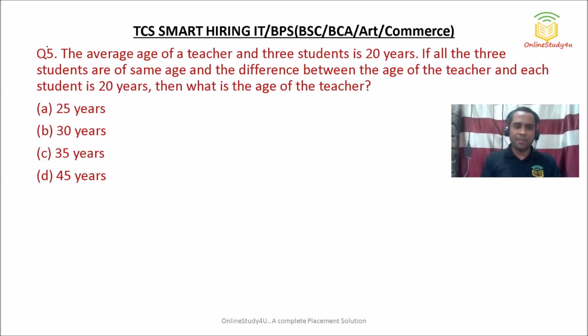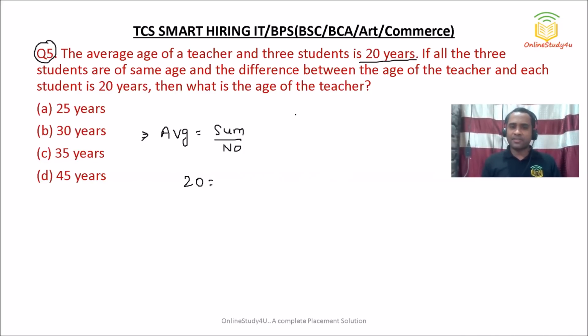Then friends, we have a problem from the topic average. The average age of a teacher and three students is 20 years. So friends, we know average will be nothing but sum divided by number. Right now, average is 20.